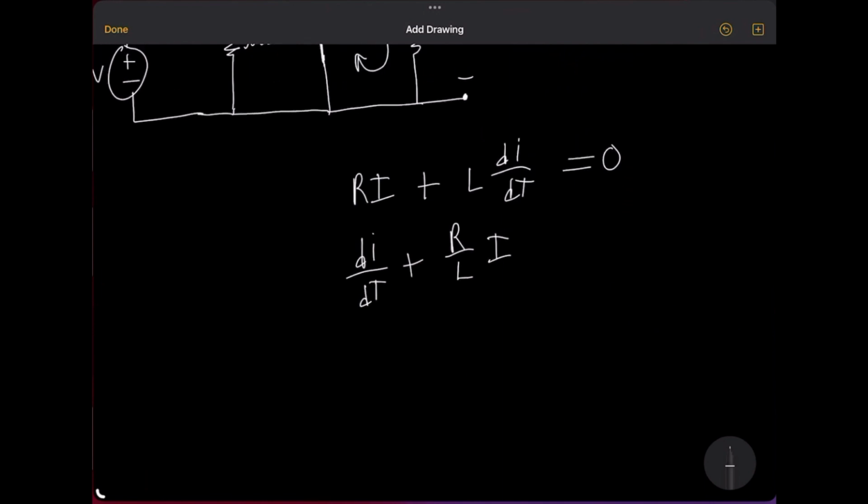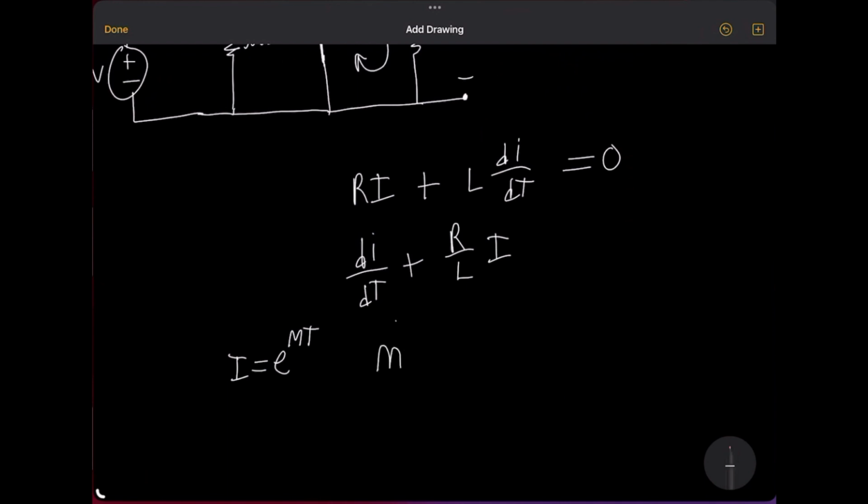Alright. Now we can do our little differential equation stuff. Let I equal e to the mt. Okay, so this is just going to be m to the first power.